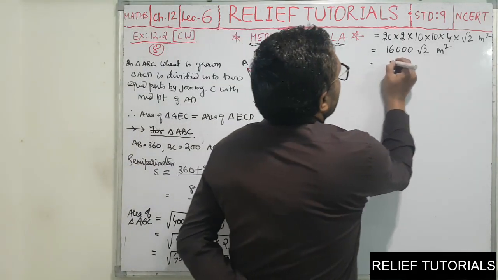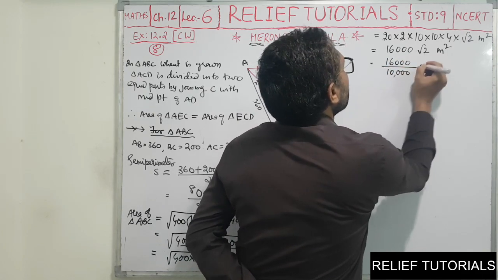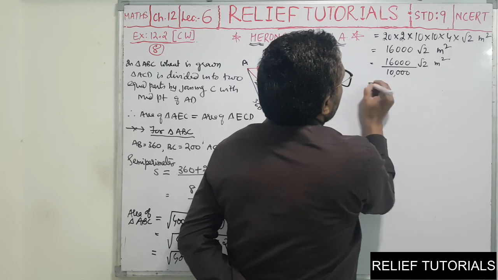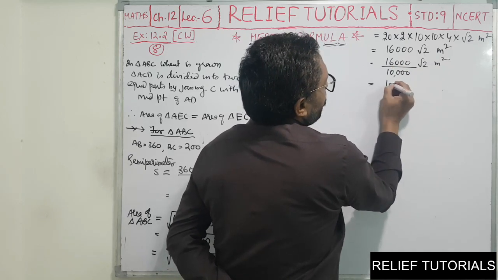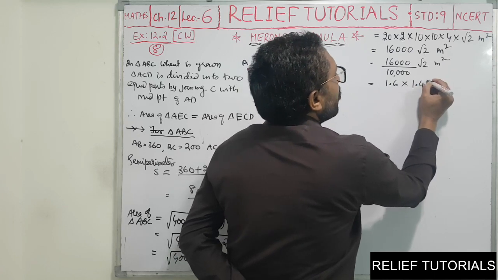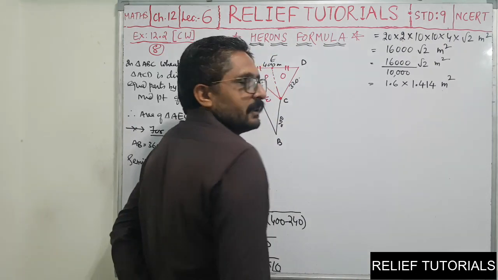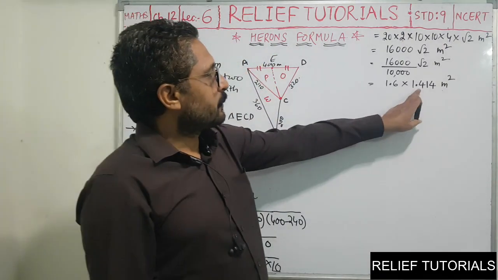So I'll write 16,000 divided by 10,000 root 2. So I will get 1.6 root 2. The value of root 2 is 1.414. You have to remember this.